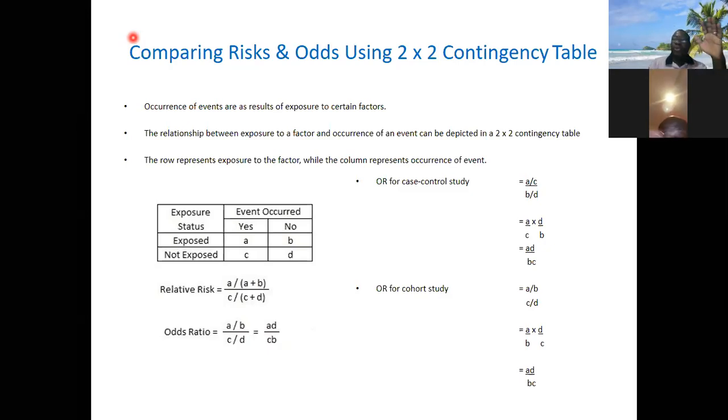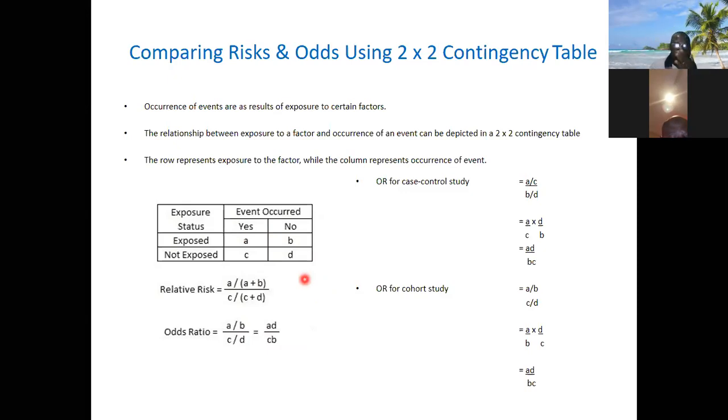By convention, the row is the exposure. Look at this example. Exposure status: exposed, not exposed. The occurrence of event is along the column, vertical: yes, no.